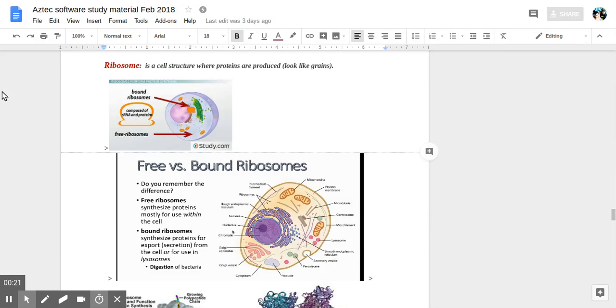So ribosomes are an organelle in the cell that are responsible for producing or synthesizing proteins. There are bound ribosomes, which are on the exterior of the nucleus.